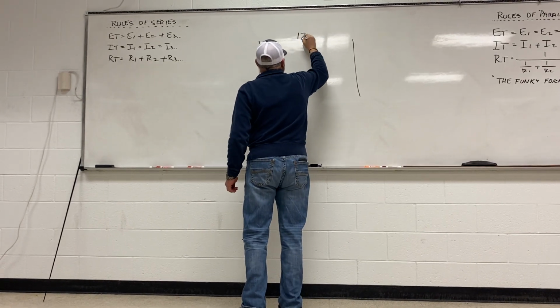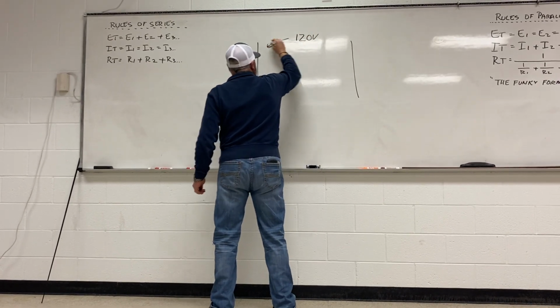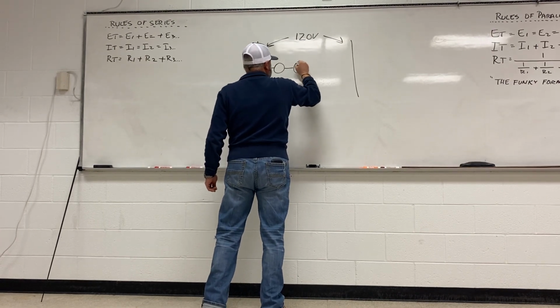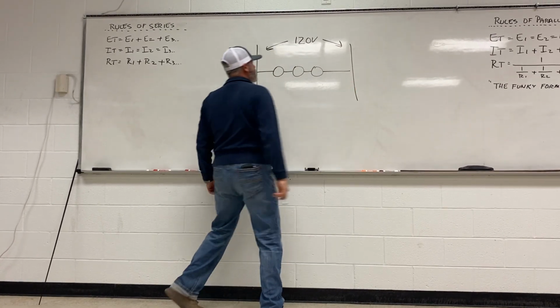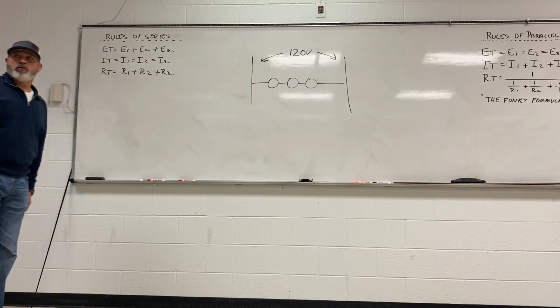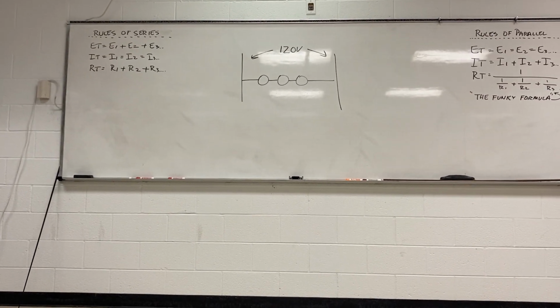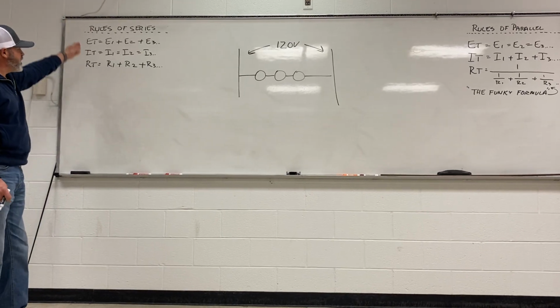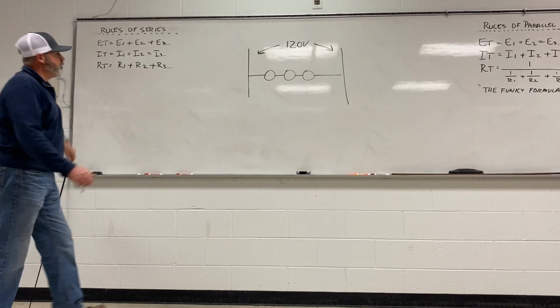If we know that this is a 120 volt circuit, and we have a circuit with 3 bulbs in series, do we recognize that we have 3 bulbs in series? We do, so we're utilizing these rules over here.